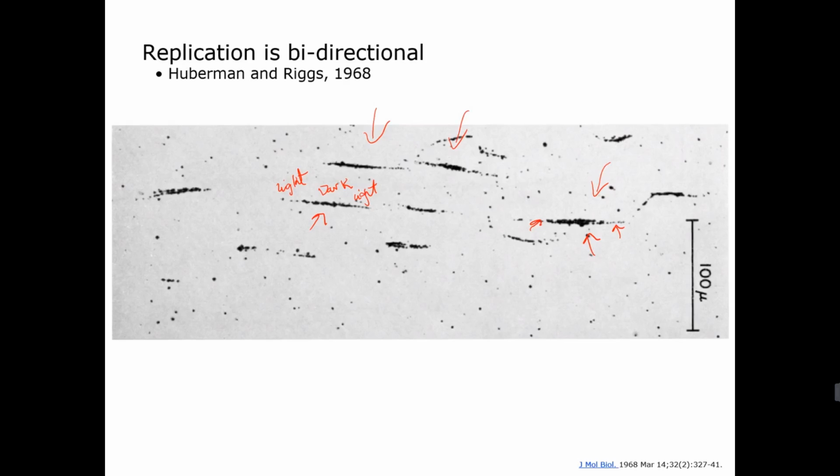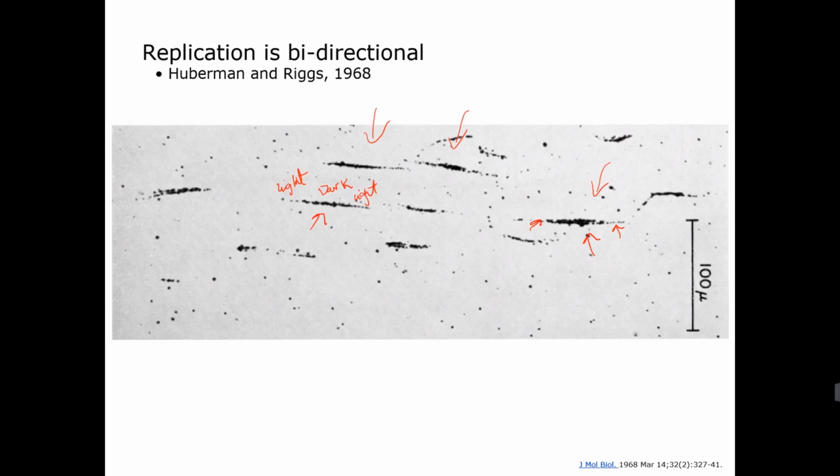So this then was the evidence that eukaryotic chromosomes are replicated bidirectionally, and it was actually one of those sort of rare instances where they figured it out in a eukaryotic cell first, and then other groups went back and did it in E. coli and came to a similar conclusion.